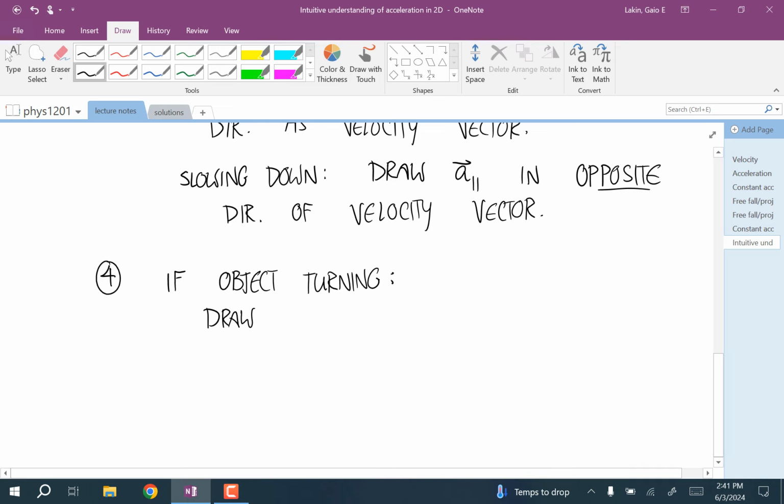So I'm going to call this A perpendicular. It's a part of the acceleration. And remember, it has to be perpendicular to the velocity. That's why I give it this name, A perpendicular. So it should always be 90 degrees from your velocity vector, one way or the other.